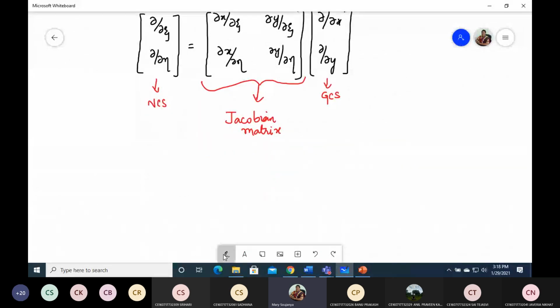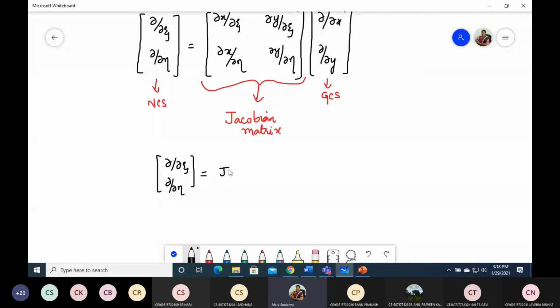So simply this can be written as dou by dou xi, dou by dou eta is equal to the Jacobian matrix times dou by dou x, dou by dou y. The Jacobian matrix concept is not new. Let us take this as equation number 2.